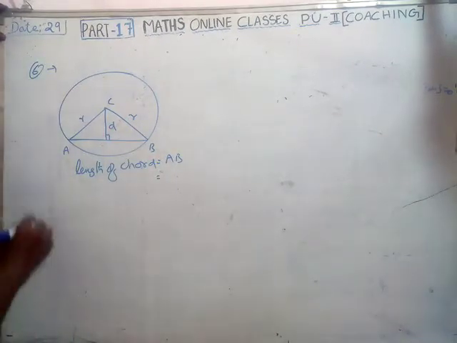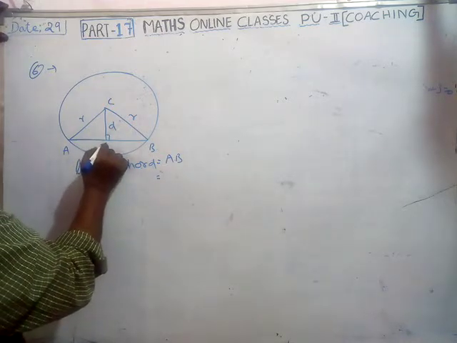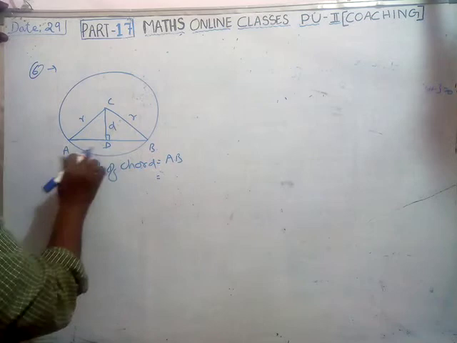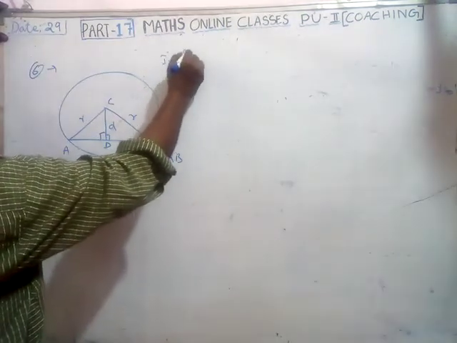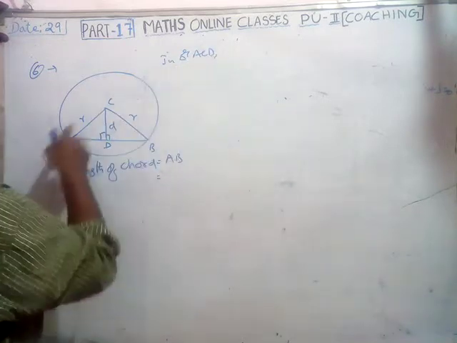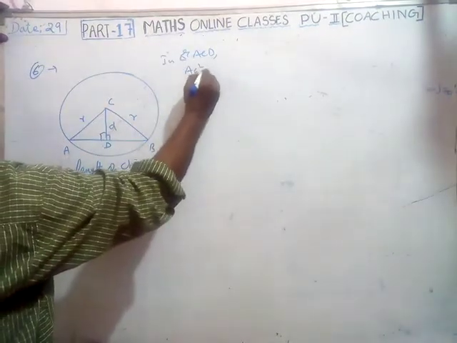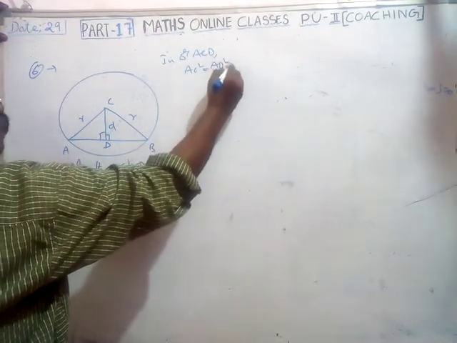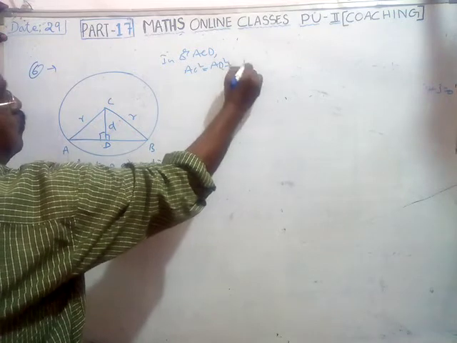Here one thing, you see now. Say it is some point D. In triangle ACD, it is a right angle triangle. AC square is equal to AD square plus CD square.